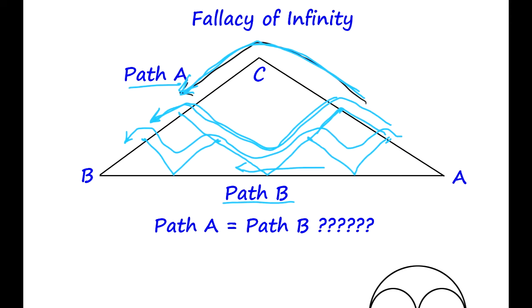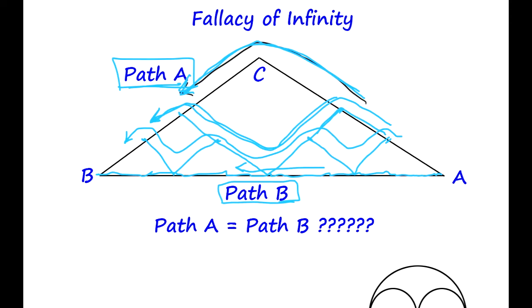We repeat that infinite times. Eventually what's happening is the path will be almost the same as the direct path A and B. Therefore, path A is the same as path B. What's wrong with that?